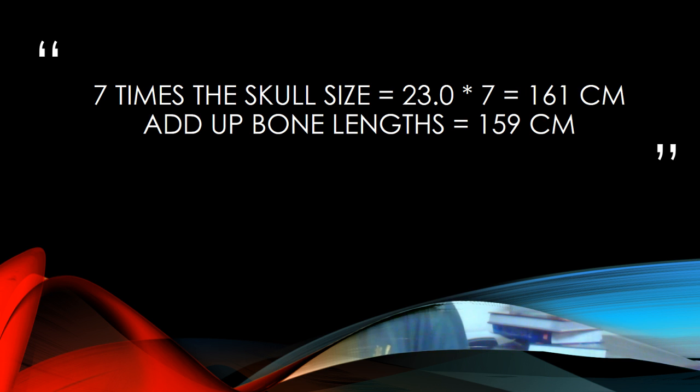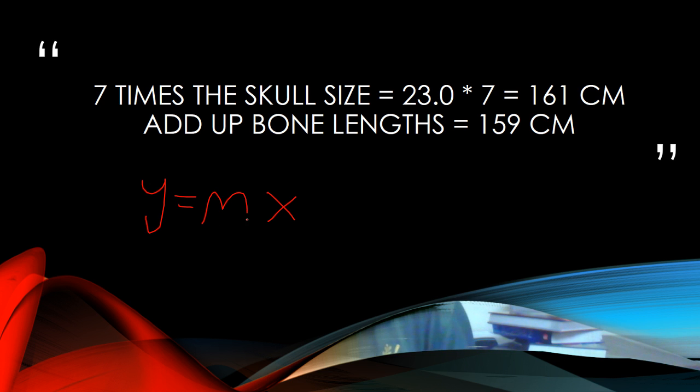Okay, so 7 times the skull size. This is a model of the form y = mx. Okay, so y, the height, equals the skull height, which is our x, times m.